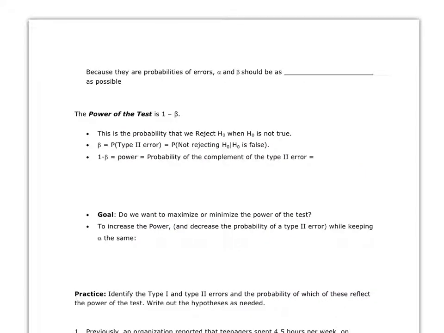Now, we can't actually calculate beta, but we can say the following: because these are probabilities of errors, alpha and beta should be as small as possible. Another measure of the test is something we call the power of the test. It is the probability that we get by taking 1 minus beta.